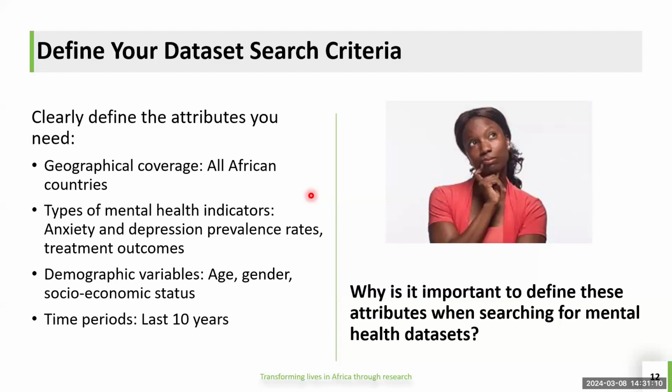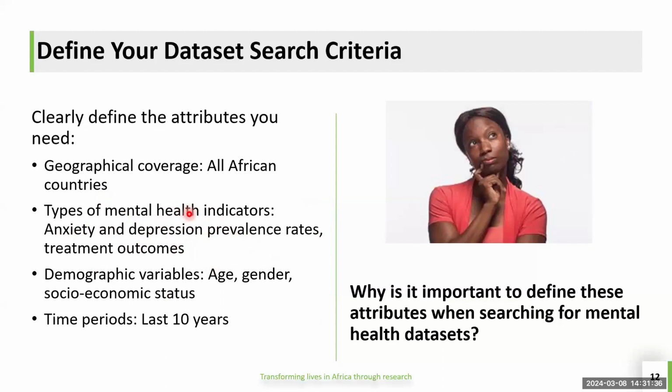So combine geography together with that aspect of mental health that you're interested in, combine the demographics, you combine maybe two attributes, and then keep combining as you're going. I think it's essential for whatever search attempt that you're doing to include the sort of mental health area that you're interested in.